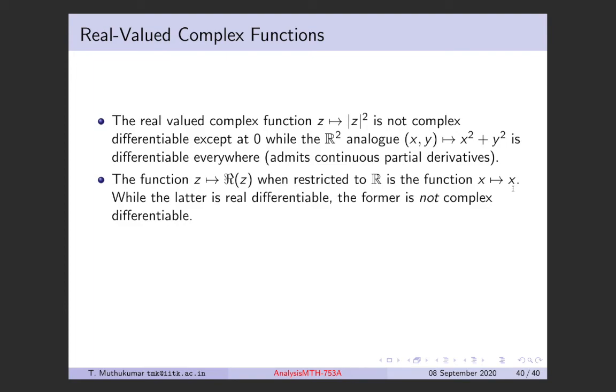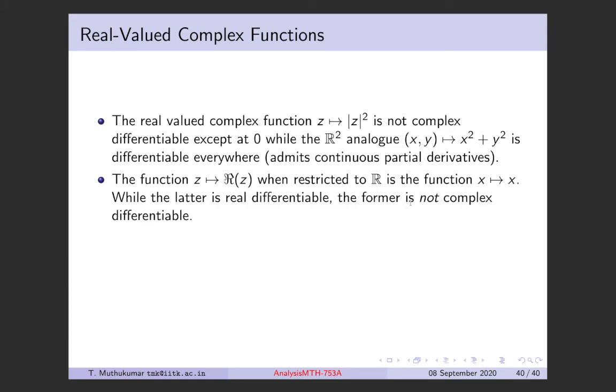So sometime back, I think in the fundamental theorem of algebra lecture or somewhere, I had talked about extending real polynomials to complex functions and what kind of extension we should look for, like analytic continuation. I just mentioned that. So here you see this function x going to x is extended by this function, but x going to x is real differentiable, whereas this function is not complex differentiable.